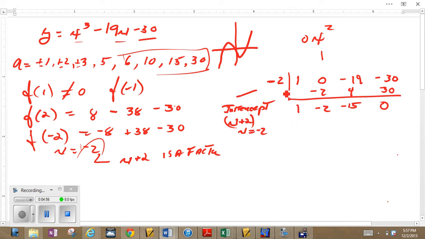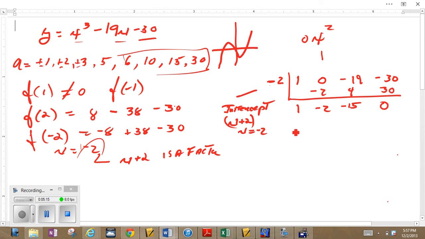So that goes out there. The first term comes down to the third line. Then you start the multiplication. 1 times the negative 2 goes in this position here. Add gives you negative 2. Negative 2 times negative 2 is 4. Add gives you negative 15. Negative 15 times negative 2 is 30.